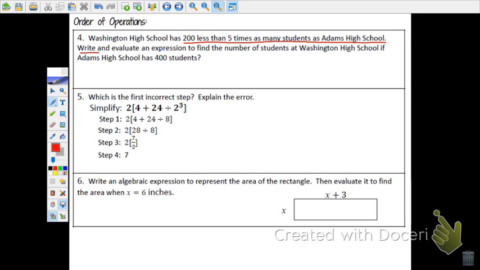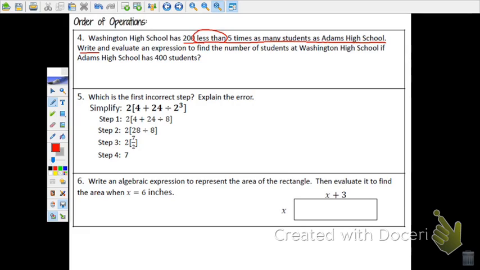So we see that less than, and we have to remember again that that less than is that time that we cannot write it as we read it. We have to reverse it. So first we're going to start out with the 5 times as many students as Adams High School.